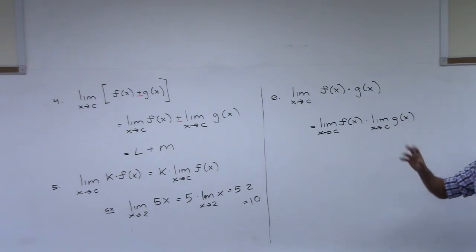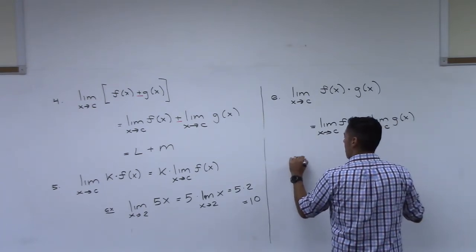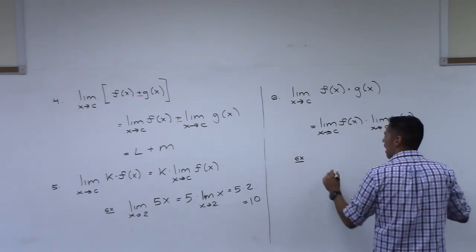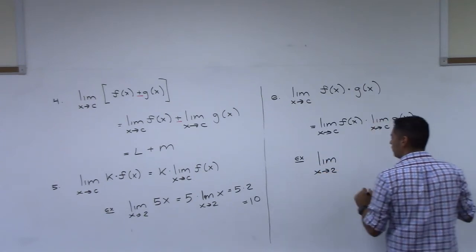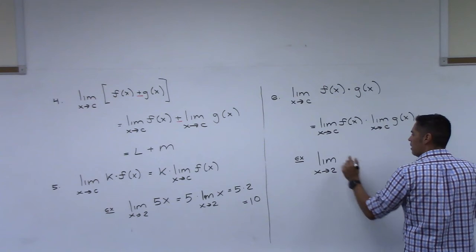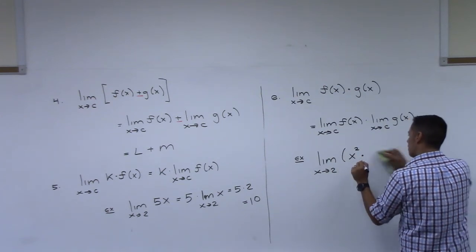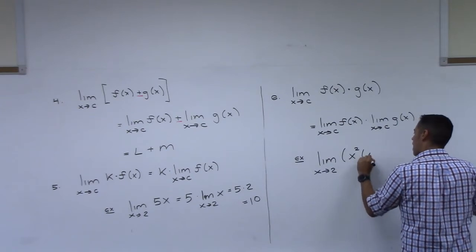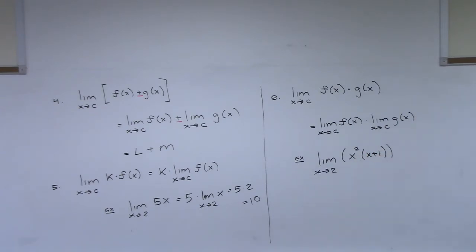See, these laws are just saying that you're allowed to do this. Let me give you an example. What if we have the limit as x approaches 2 of x squared times x plus 1?